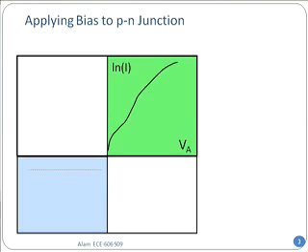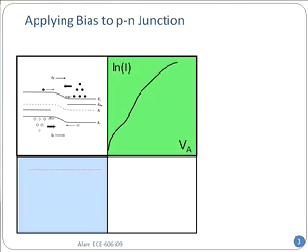The current flows very easily, and I have plotted the logarithm of the current I through the diode as a function of the applied bias V_A. The current flows very easily because there is an exponential rise in the current. This we will be calling forward bias.